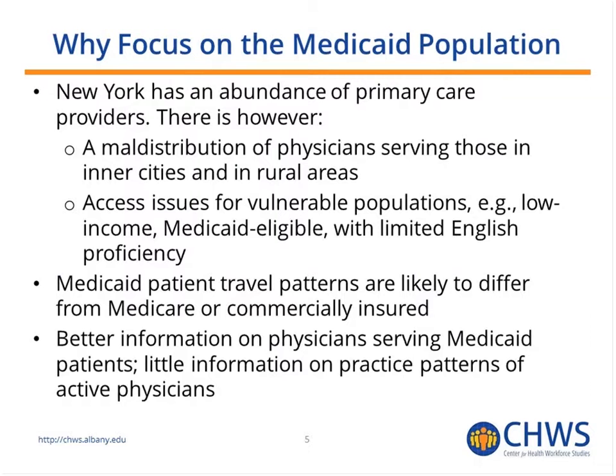But the issue seemed to be for us was access to vulnerable populations, low-income, Medicaid-eligible, people in rural areas, and people with limited English proficiency. So we thought that it was better to define these RSAs using Medicaid transportation patterns than the entire population.